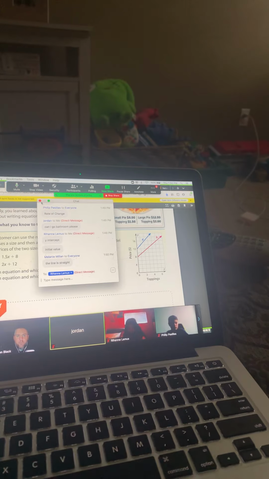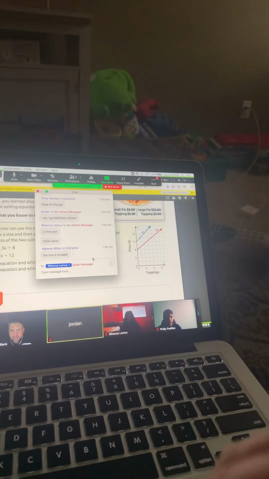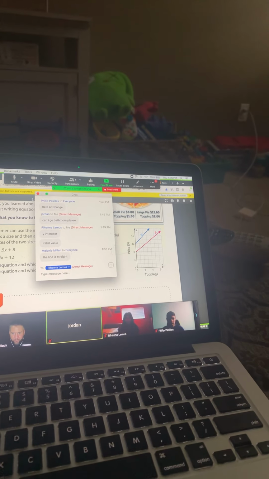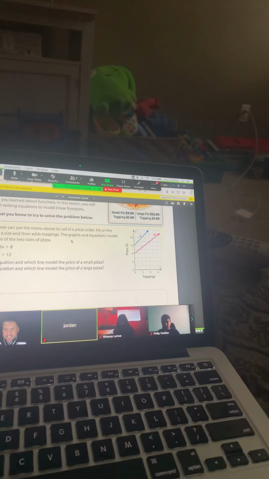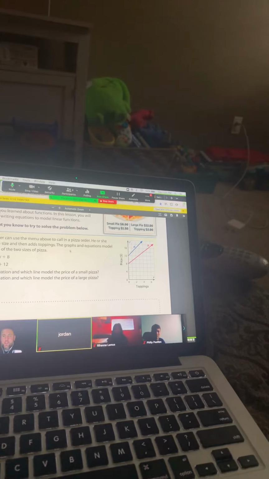The line is straight. Good, Melanie. Thanks for helping her out. I think she was getting there. Rihanna, is that what you were going to say? Yeah. So, right, they're straight lines. The rate of change is the same the entire way, forever, as this arrow indicates.